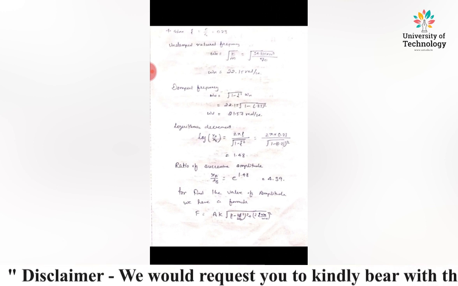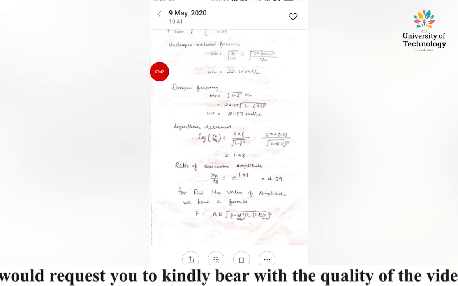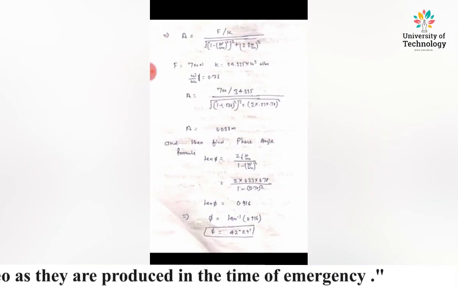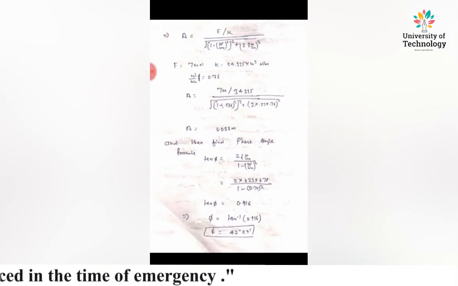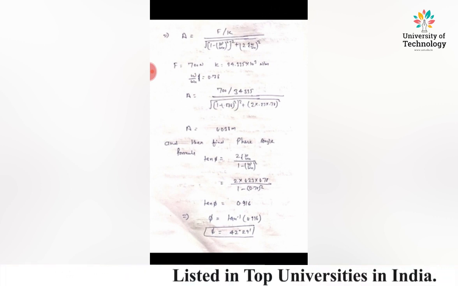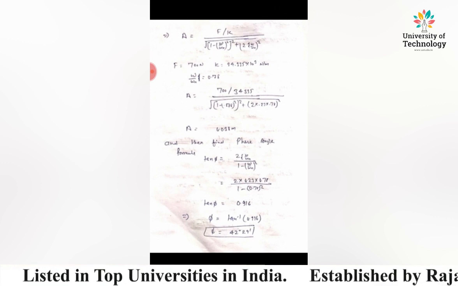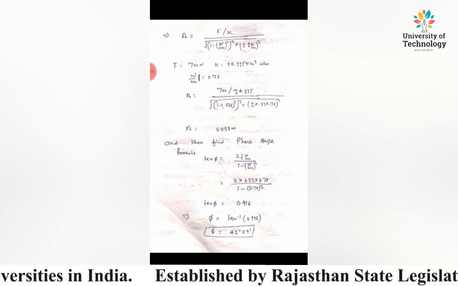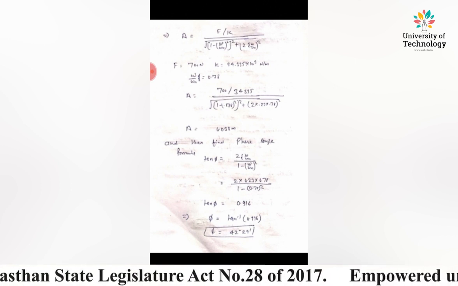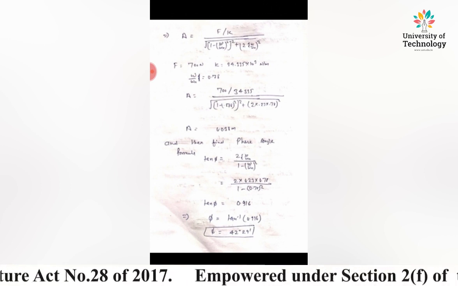This is the formula of force. Here we have to find the value of amplitude, that is f by k upon root of 1 minus omega by omega n square, that whole square, plus 2 zeta omega by omega n whole square.